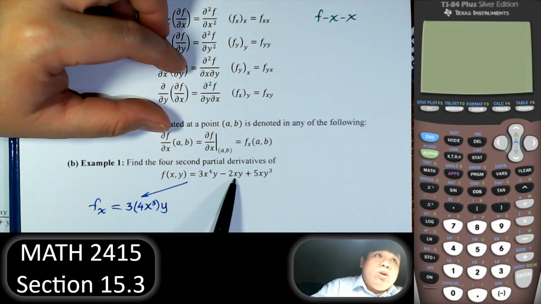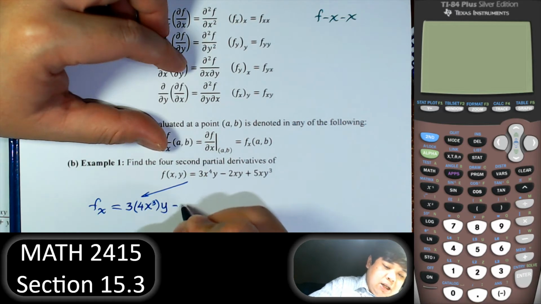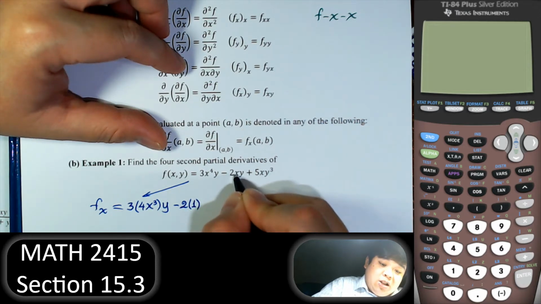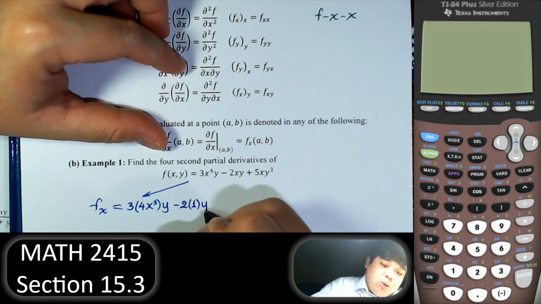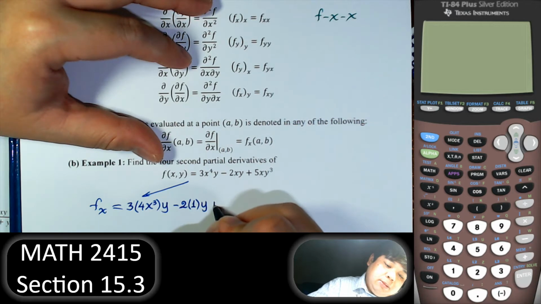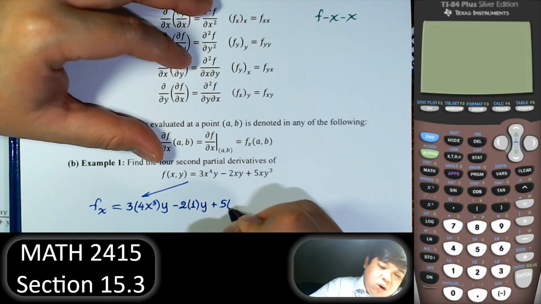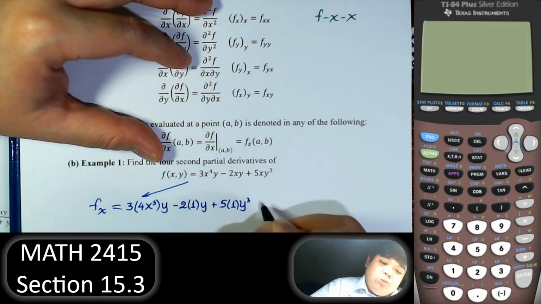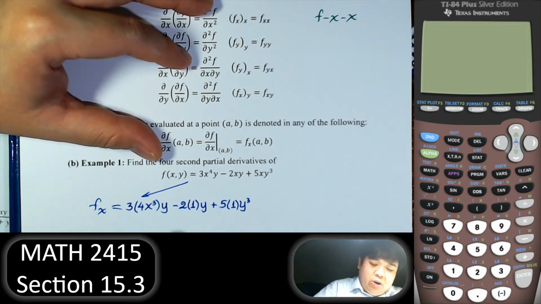Derivative of this with respect to x, the constant 2 will stay, derivative of x is 1, and then that constant y will stay. And then 5, derivative of x is 1, and y cubed with respect to x is still y cubed, that constant will stay. So this is the derivative with respect to x.